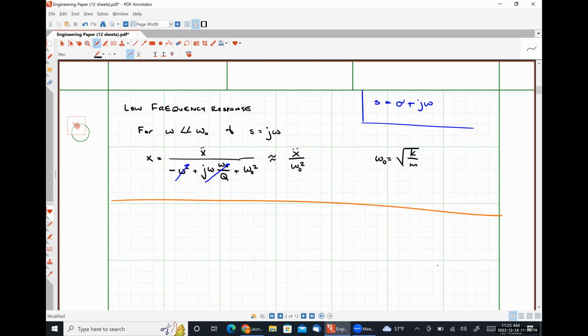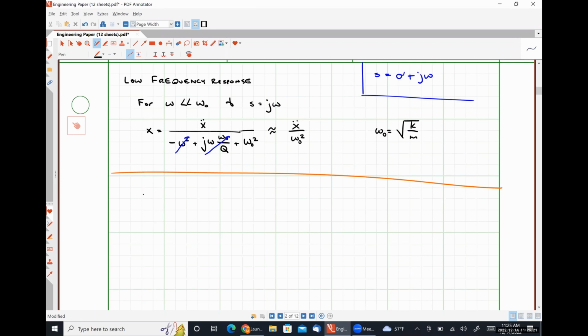So if we have a time domain signal, let's not call it x because that might be confusing because we're using that for displacement. Let's call it f as a function of time, equal to f naught, which is the amplitude of our sinusoidal function, times the cosine of omega t plus some phase angle phi sub f.